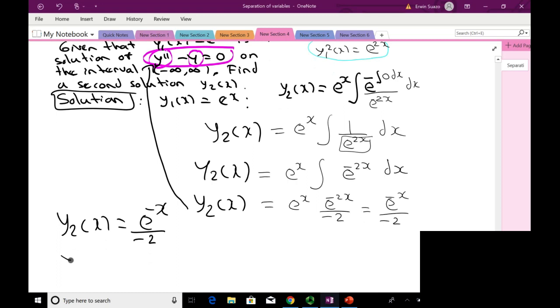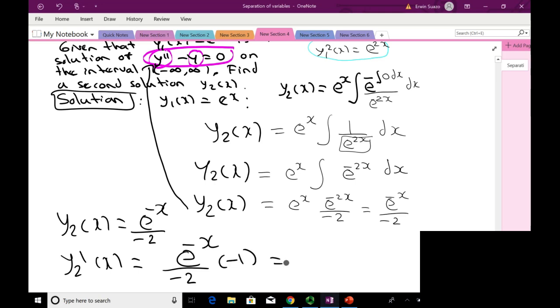So what is the first derivative of y2 of x? It will be e to the negative x, and the minus 1 half stays there, times the derivative of the inside, which is minus 1.